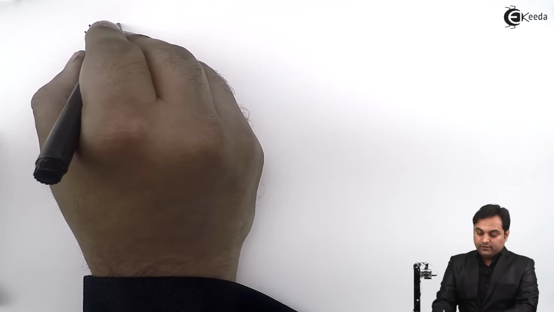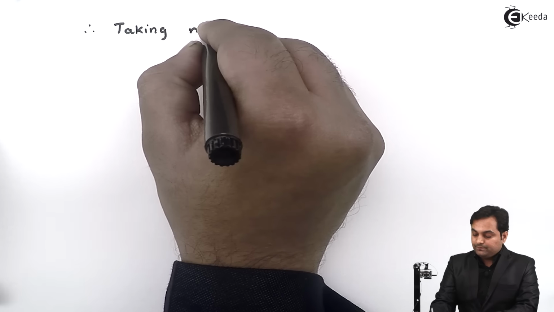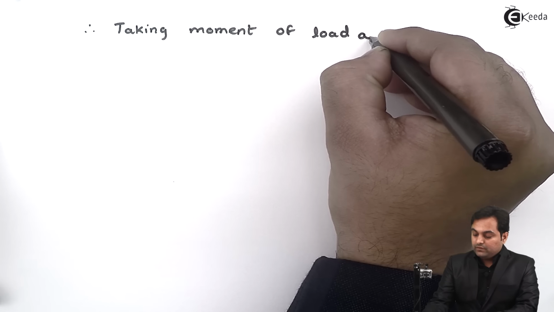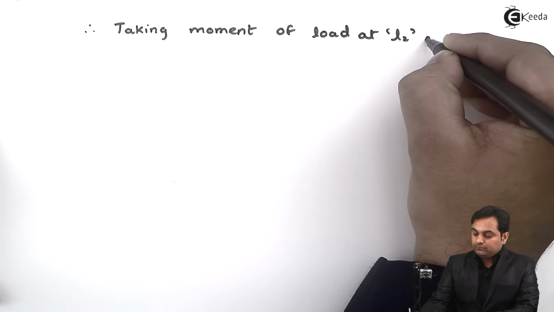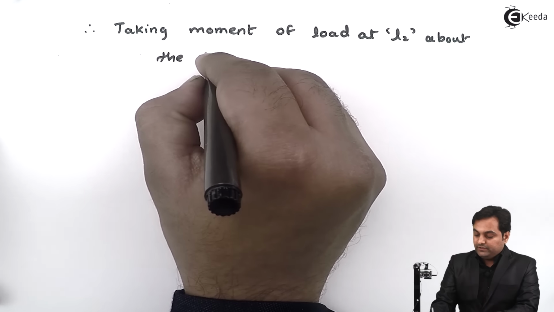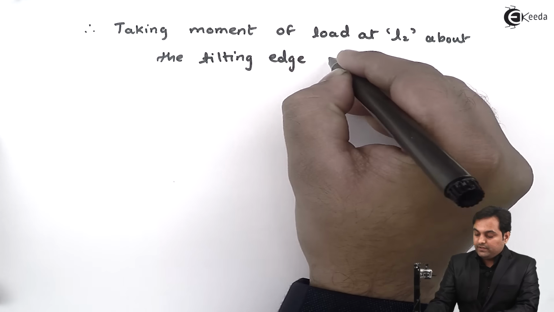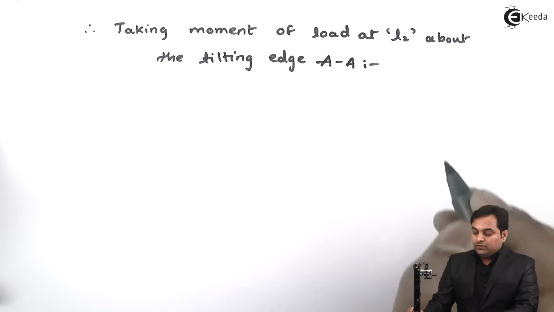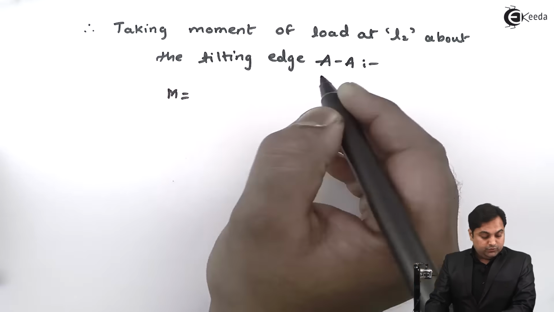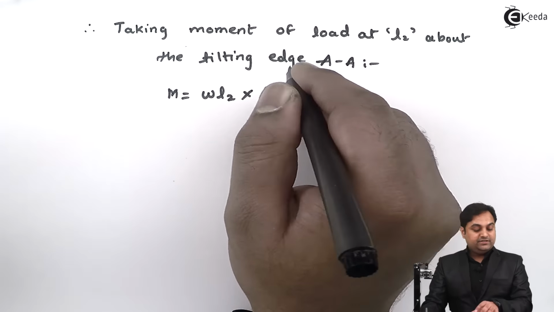Next I will take the moment, therefore taking moment of load at L2 about the tilting edge AA. Now here if I take the moment, M will be equal to W into L2, and the distance from the tilting edge is L2.